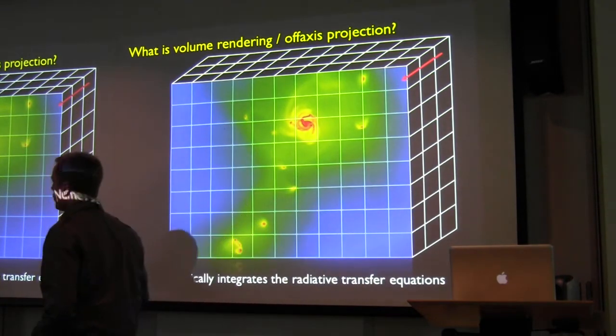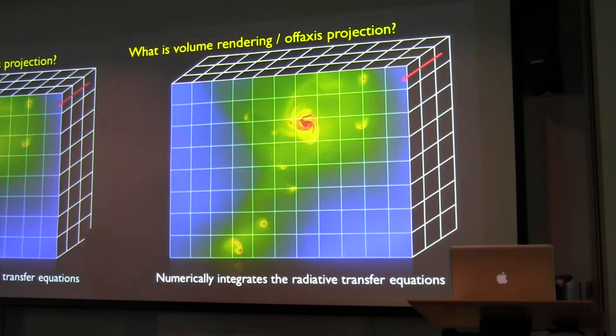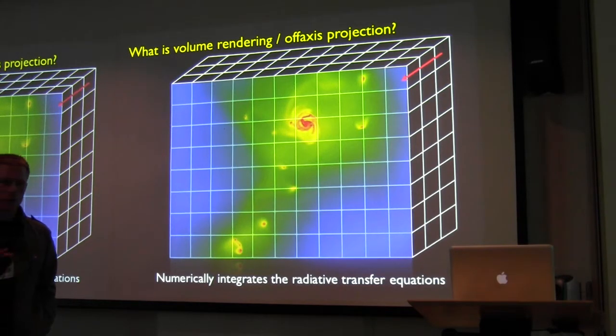For the most part, when we say volume rendering, we refer to using a particular transfer function called the color transfer function. Whereas when we're dealing with off-axis projections, that's like the projections Stephen and John were taking us through before, but off-axis allows you to have an arbitrary angle at which you're projecting.